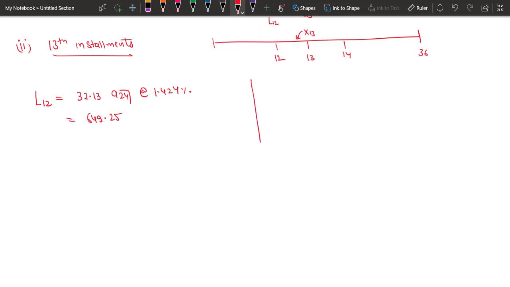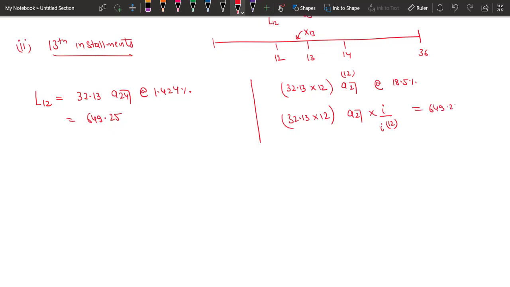And if you use the other way, method 2, you will do 32.13 into 12 a angle 2 at the rate of 18.5%. In this method, the value of a angle 2 will be a2 into i upon I12.